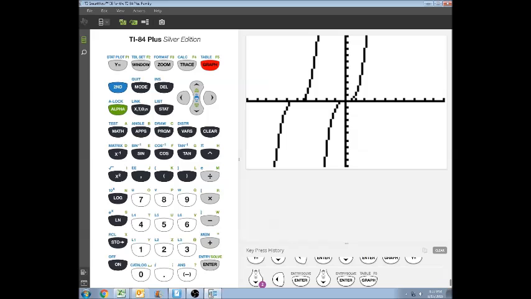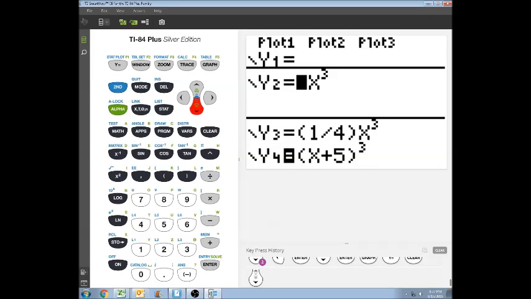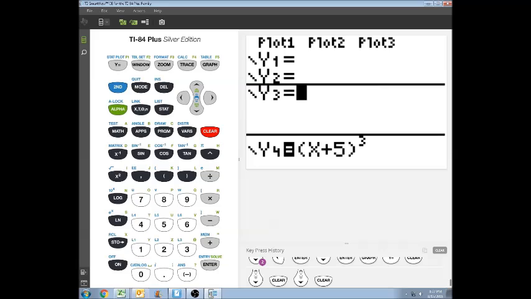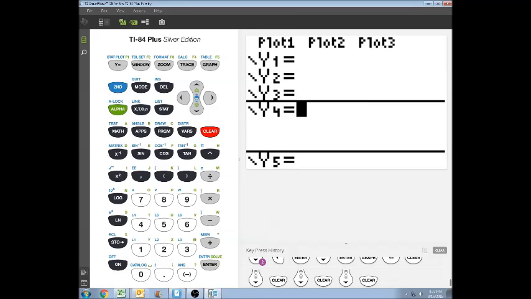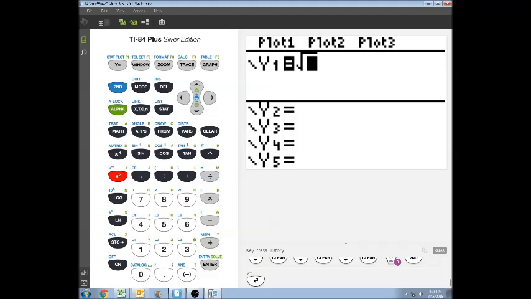Okay? Let's take a look at what I'm going to do right now. I'm going to go ahead and clear out my y equals and just look at the parent function. We already know what it's going to do to flip it, or to translate it in each situation, so I do not necessarily need to show you all of those. What I will do is hit second, and x squared will get me the square root sign.